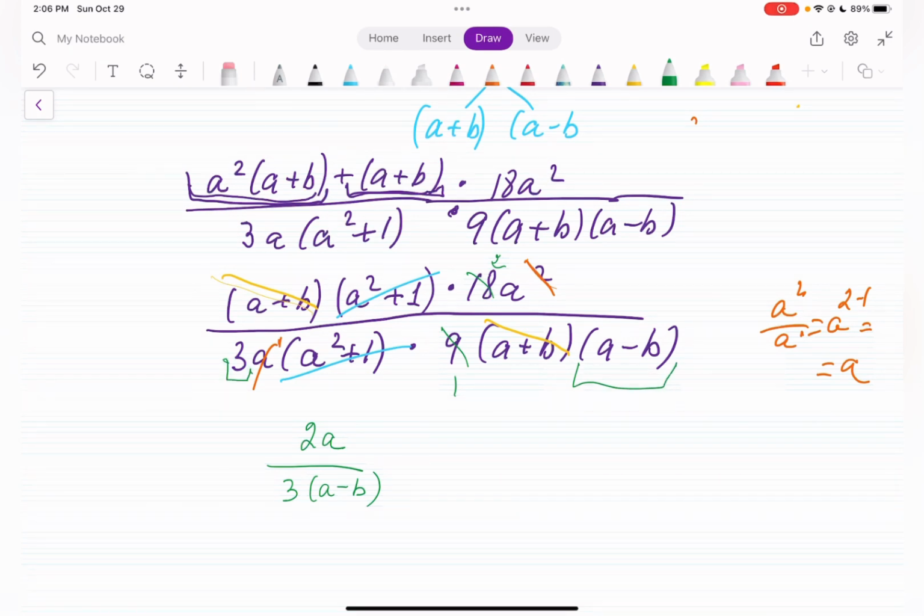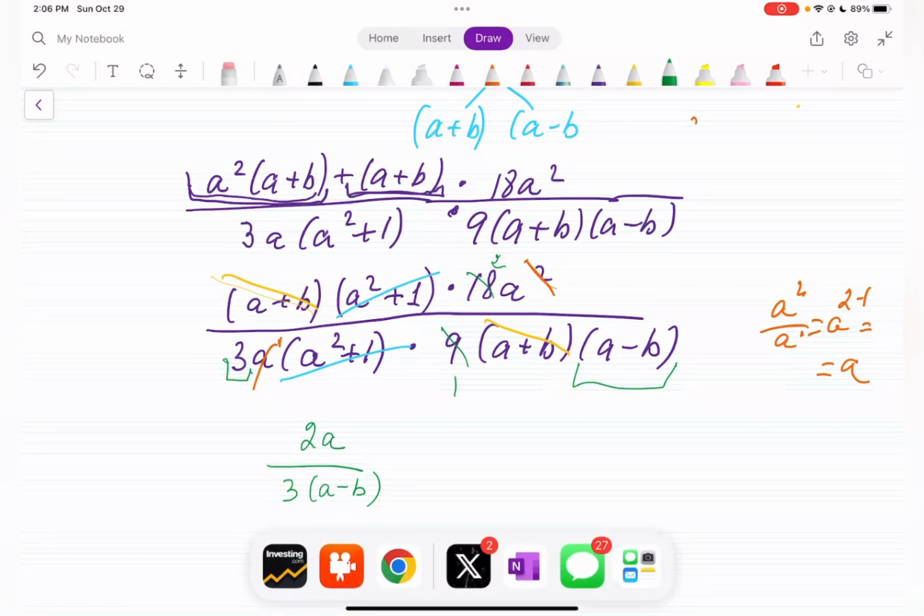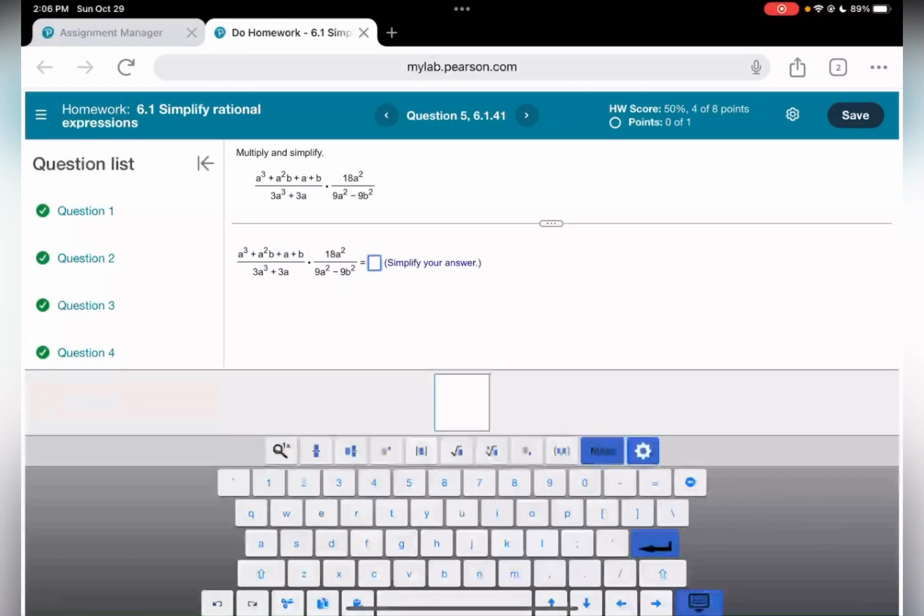And that's it. That's the answer: 2a over 3 times a minus b.